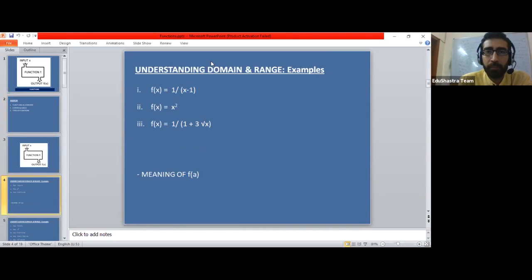And let me explain domain and range using these functions: f(x) equal to 1 by x minus 1, f(x) equal to x square, and f(x) equal to 1 by 1 plus 3 root x. Now, if you look at the function f(x) equal to 1 by x minus 1, this is y equal to f(x).